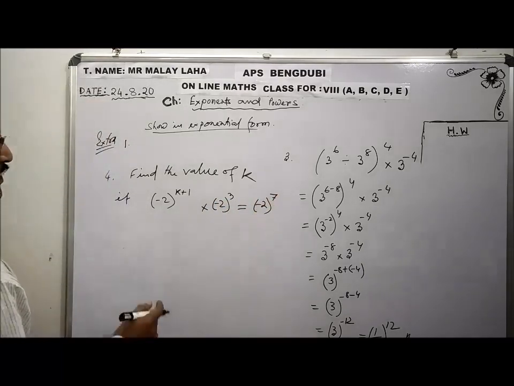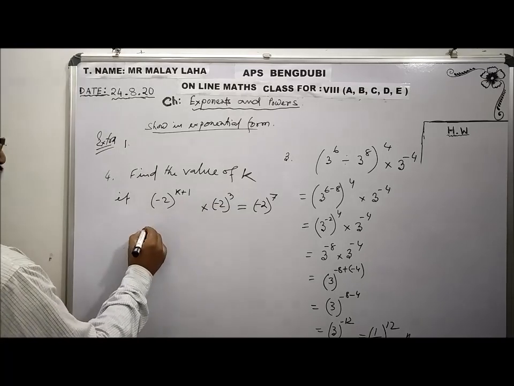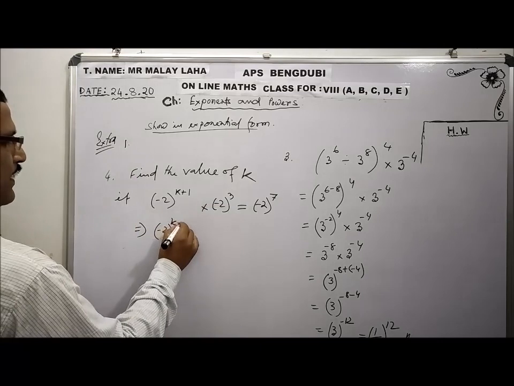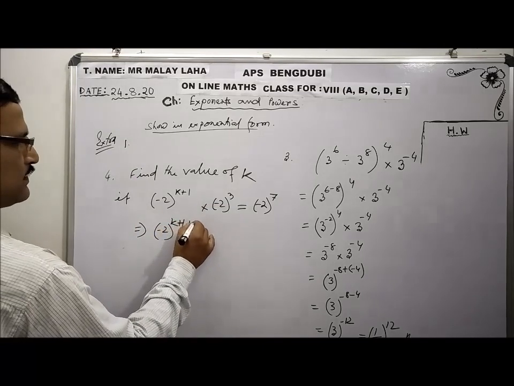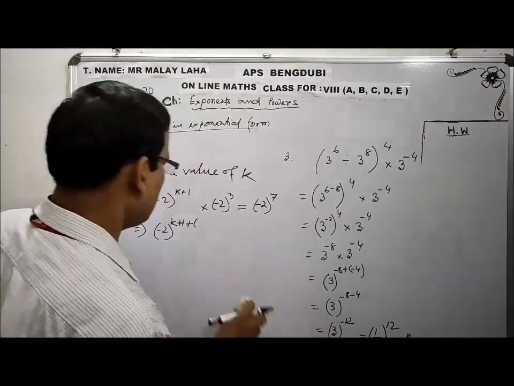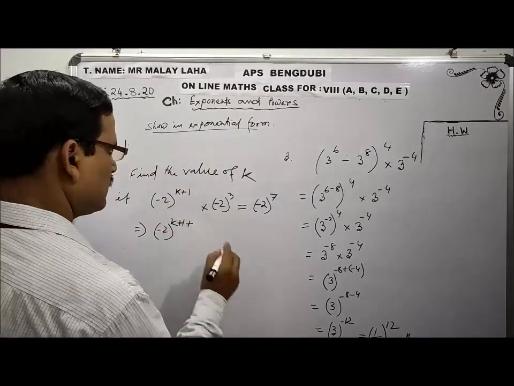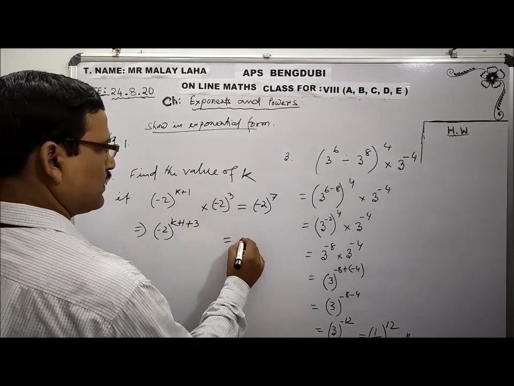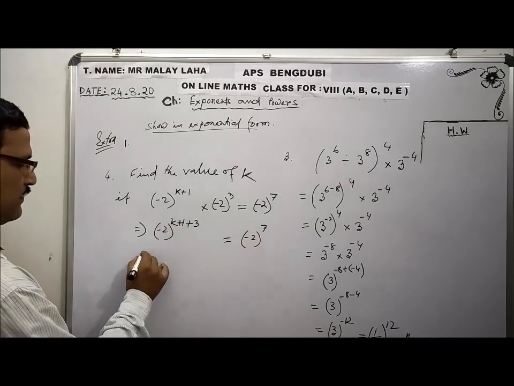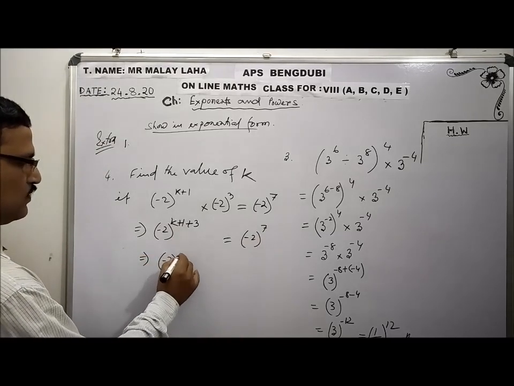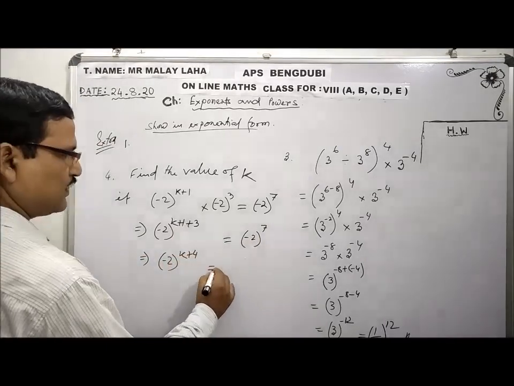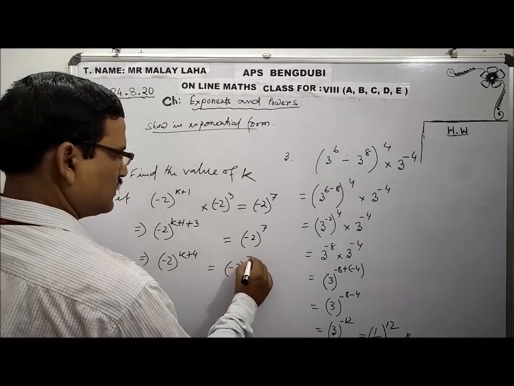Follow it nicely. All are in the minus form. So simplify the left hand side: minus 2 raised to k plus 1 plus 3, that equals minus 2 raised to 7. So at the end it is minus 2 raised to k plus 4 equals minus 2 raised to 7.